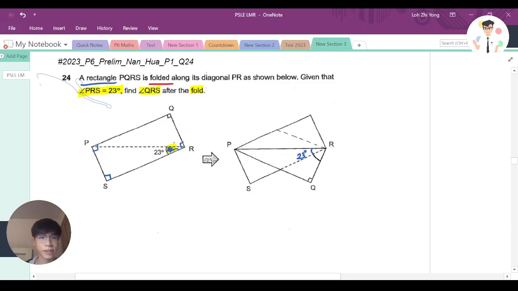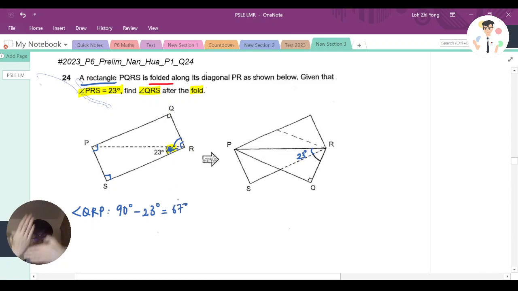Which means the angle QRP will be 90 degrees minus 23 degrees, and that will be equal to 67 degrees.